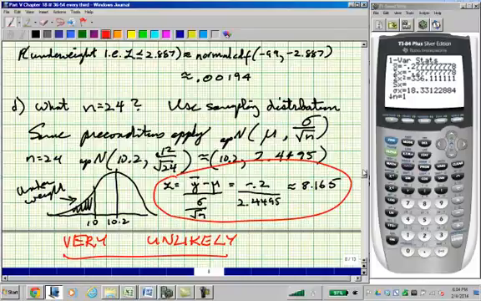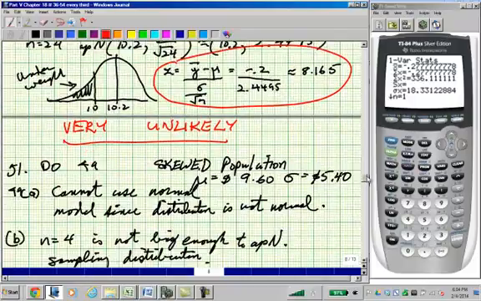Okay, so the z-score equals y bar minus mu, negative 0.2 over 0.0245, which is approximately 8.165. That's a huge z-score. It's very unlikely that this will happen.